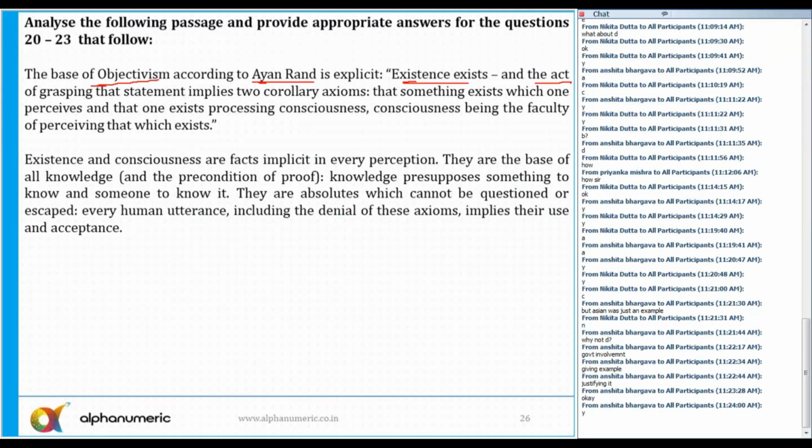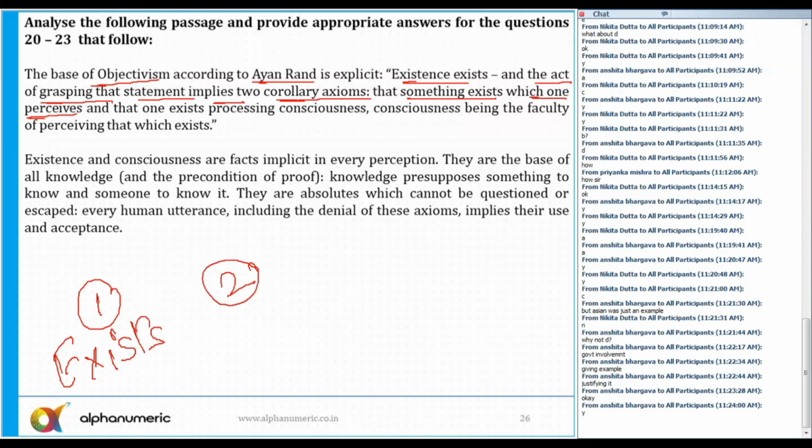And the act of grasping that statement implies two corollary axioms. So according to Ayn Rand, existence exists, and this means that there are two things which will automatically follow. Number one, that something exists which one perceives. And number two, this thing exists.